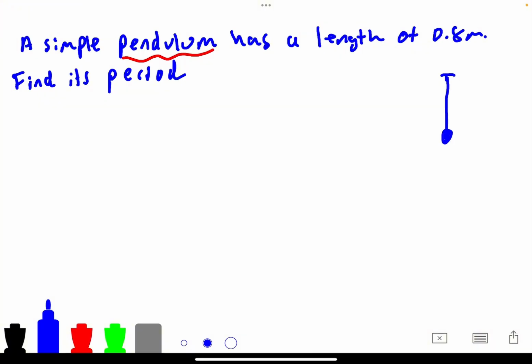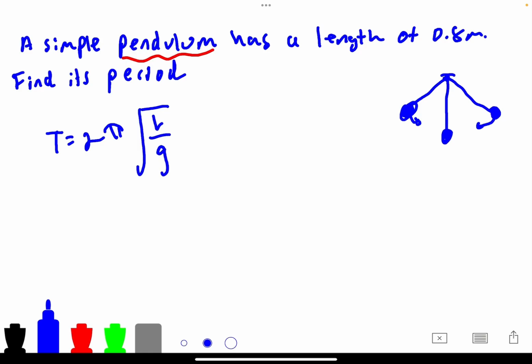This would be at equilibrium, but of course, when it moves in this direction, it follows through with the conservation of energy and comes back in that direction. To find the period of a pendulum, it relies on 2 pi square root. It relies on the length and on gravity. That's all it relies on.